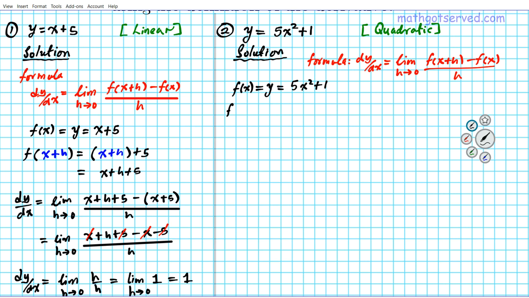Okay, so now that we know f of x, we can easily use that to determine what f of x plus h is, which is just the same function evaluated at x plus h. Or in other words, just substitute x plus h for all the x's in the original function. The original function is 5x squared plus 1, so I'm going to take out the x and replace it with parentheses.